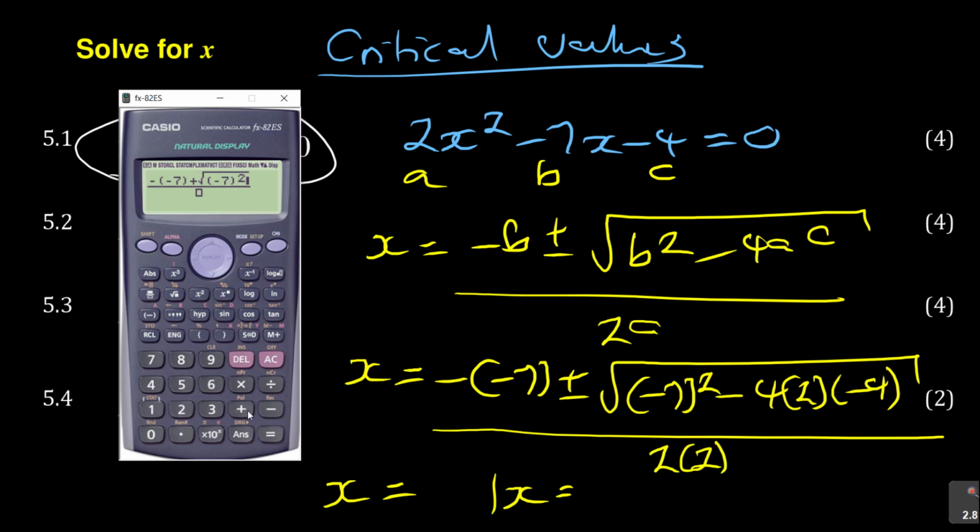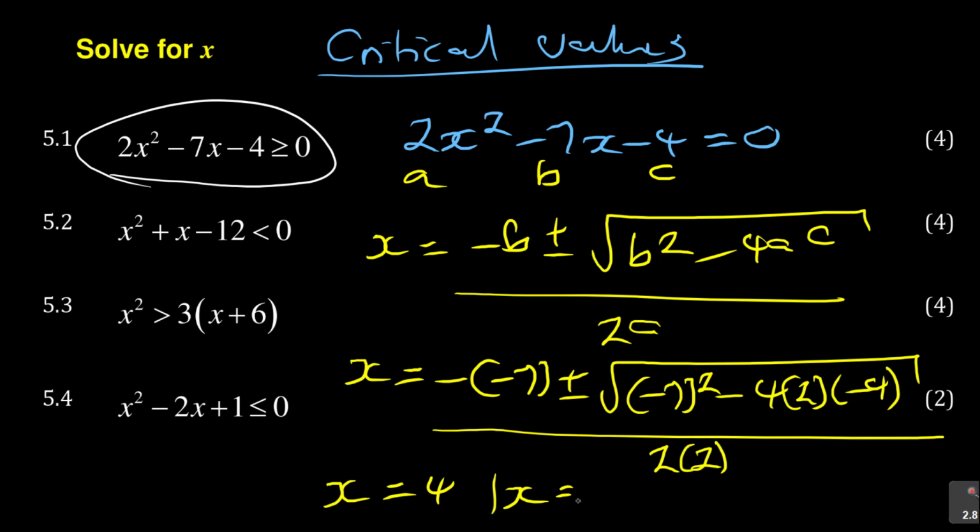You need to know this part, because once you miss it here, unfortunately everything will become wrong. The first one, x is equal to 4, and x is equal to negative half.